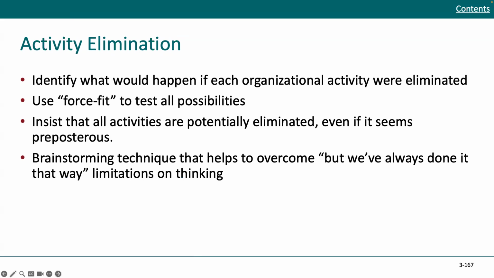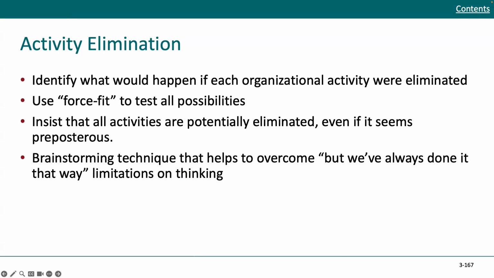In terms of activity elimination, you want to identify what would happen if each organizational activity were eliminated. You can use a "force fit" to test all possibilities. You can consider that you insist that all activities are potentially eliminated, even if it seems preposterous.